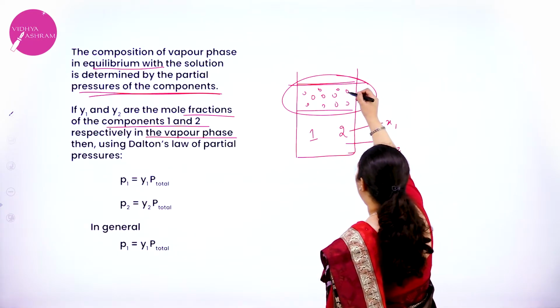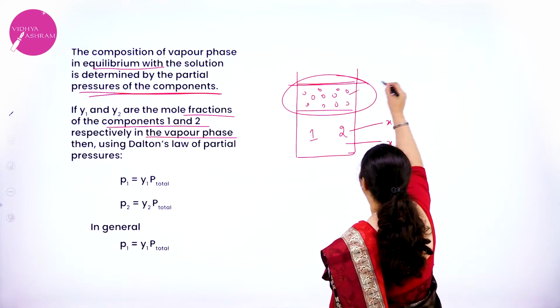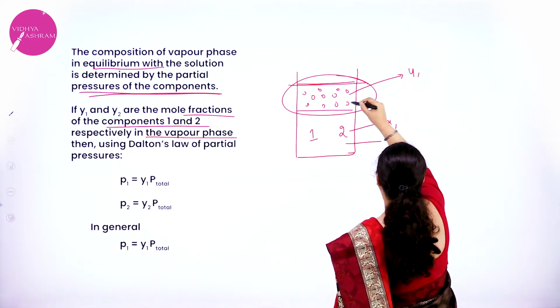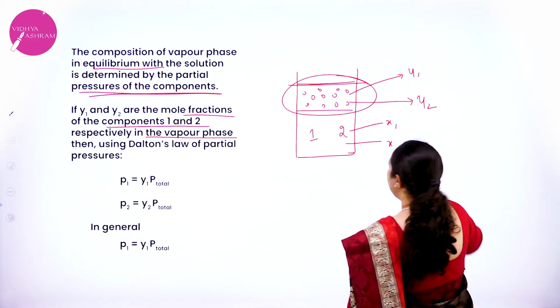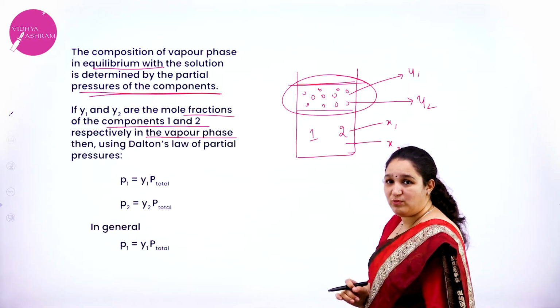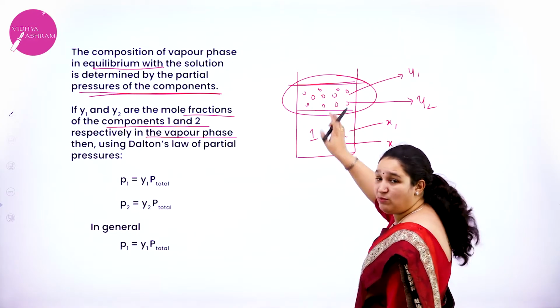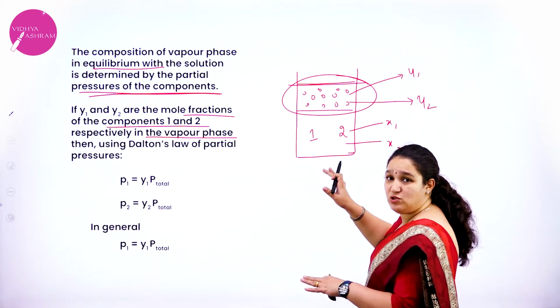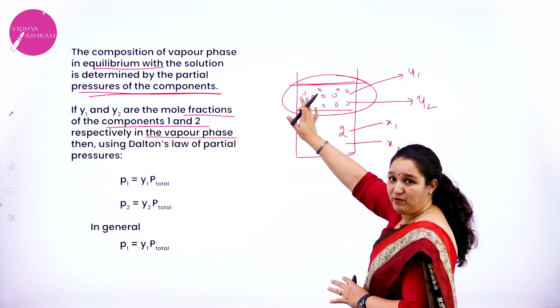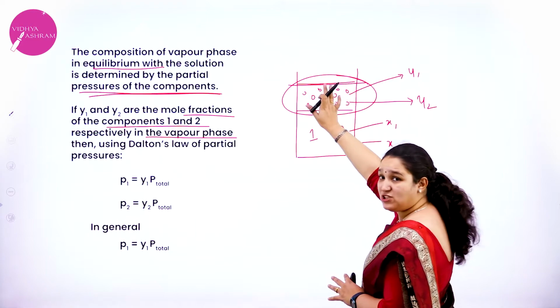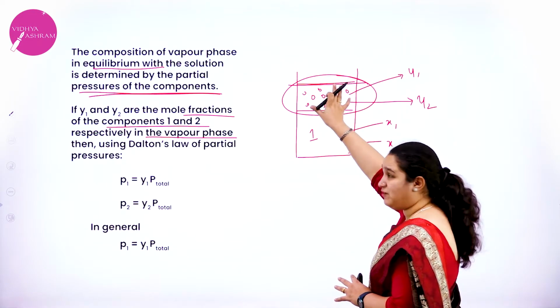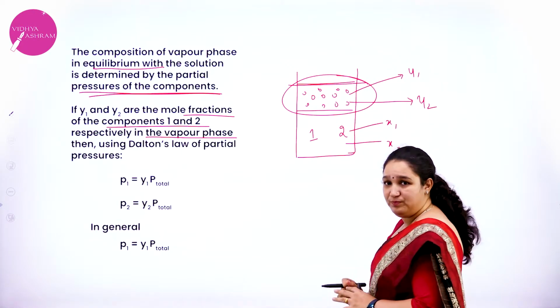Now for example, I have taken the mole fraction of both the components as y1 and y2, in the vapor phase. I am not talking anything about the solution phase. I am talking only about the vapor phase now. Okay. So the mole fraction of the components in the vapor phase is y1 and y2.